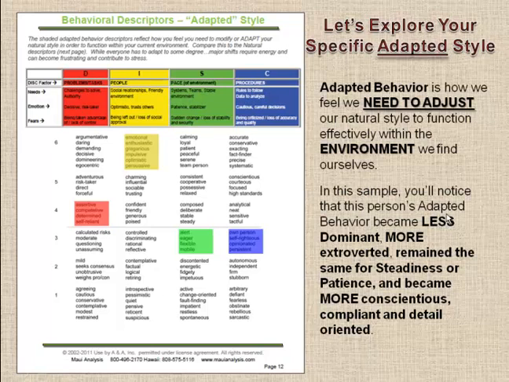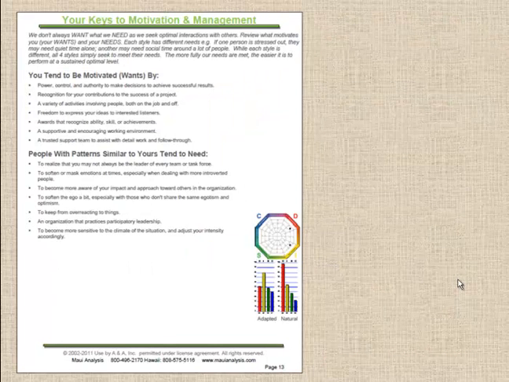So you can see that this person's adapted style, he became less dominant, more extroverted. He was basically the same for his patience level, his steadiness level, and he became more conscientious. So his C factor went up. He became more compliant and more detail-oriented. You want to compare your changes between your natural and your adapted style. The closer they are together, the less tension, the less stress you're going to be under.